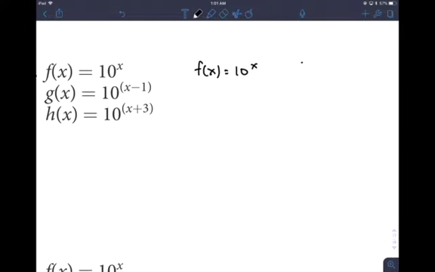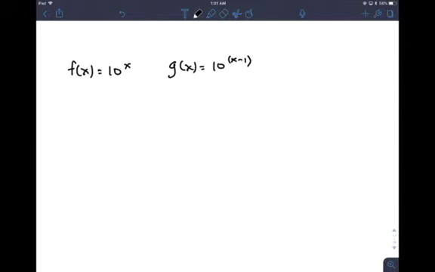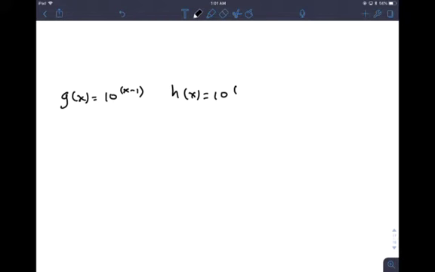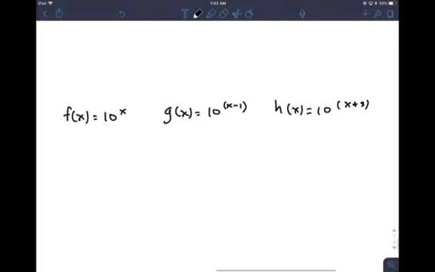Then we also have g of x, which equals 10 to the power x minus 1, and then h of x, which is equal to 10 to the power of x plus 3.